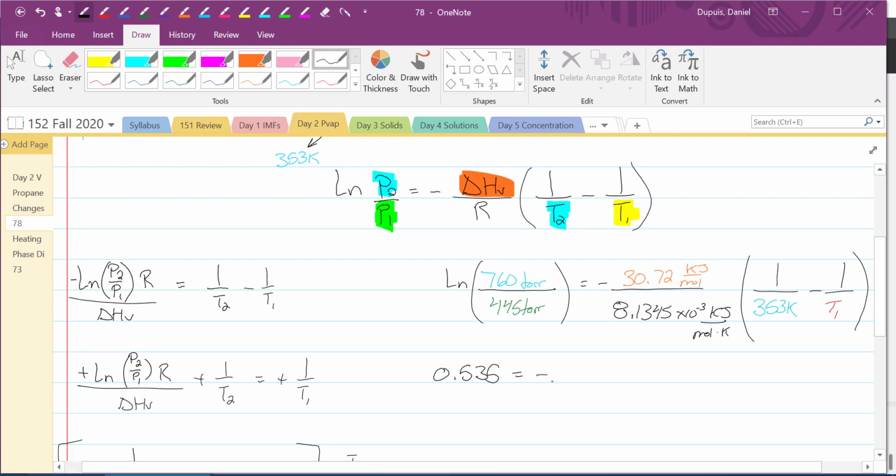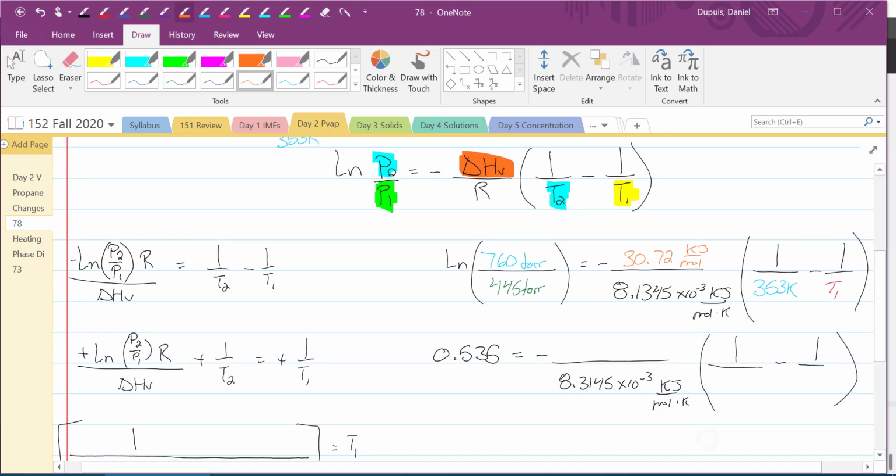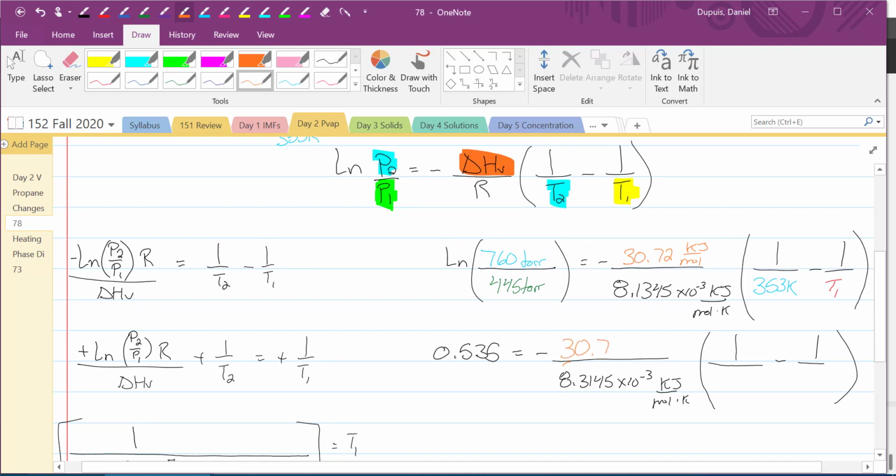Equals negative, I still have R over here, 8.3145 times 10 to the negative third kilojoules per mole Kelvin. I have 30.72 up top still. 353 and T1.